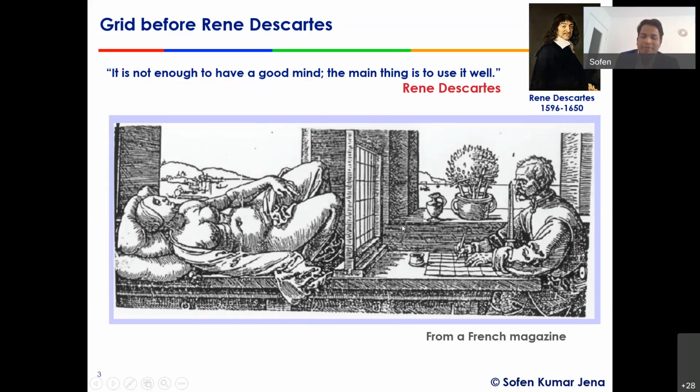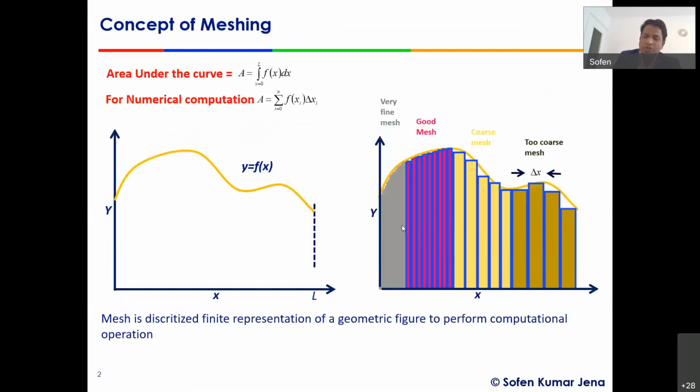This is a kind of satire, but the exact idea of CFD is the same. We take a geometry and split it into multiple small units called cells or grids. In each cell, we solve the governing equation, then we integrate it over the entire volume to get the total phenomena over the total fluid domain.